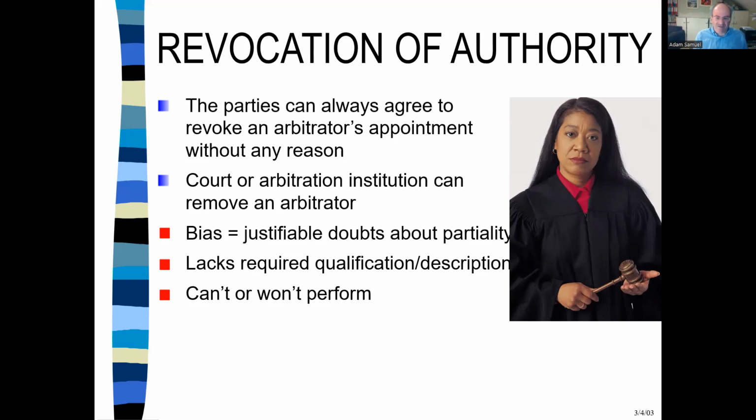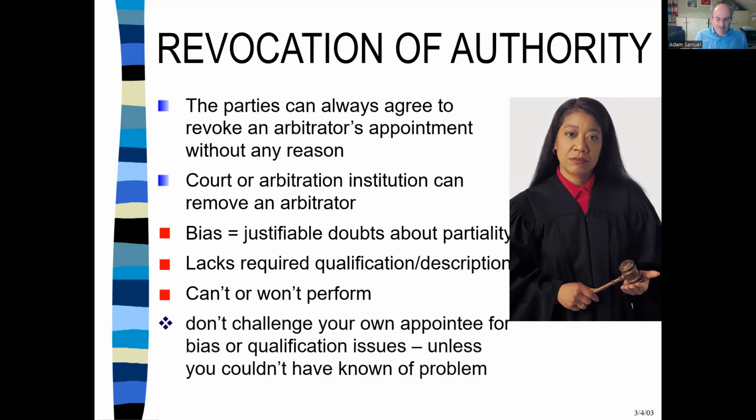Perhaps also they've done something which, although not showing bias, shows that they're not fit to be an arbitrator for whatever reason. The rule that you find in most legal systems and arbitration rules is that you can't challenge your own appointee unless you shouldn't have known. There's no reason for you to have known about the problem about which you're now complaining.